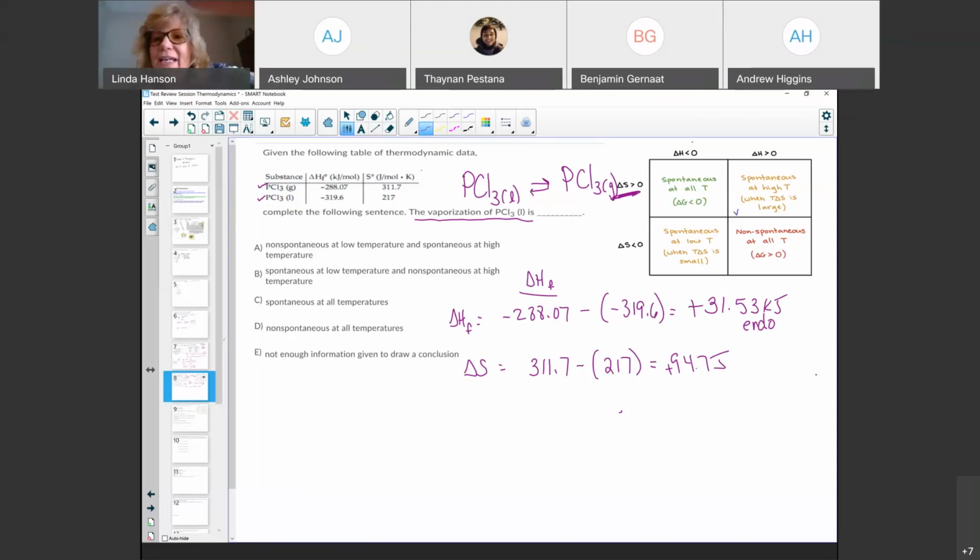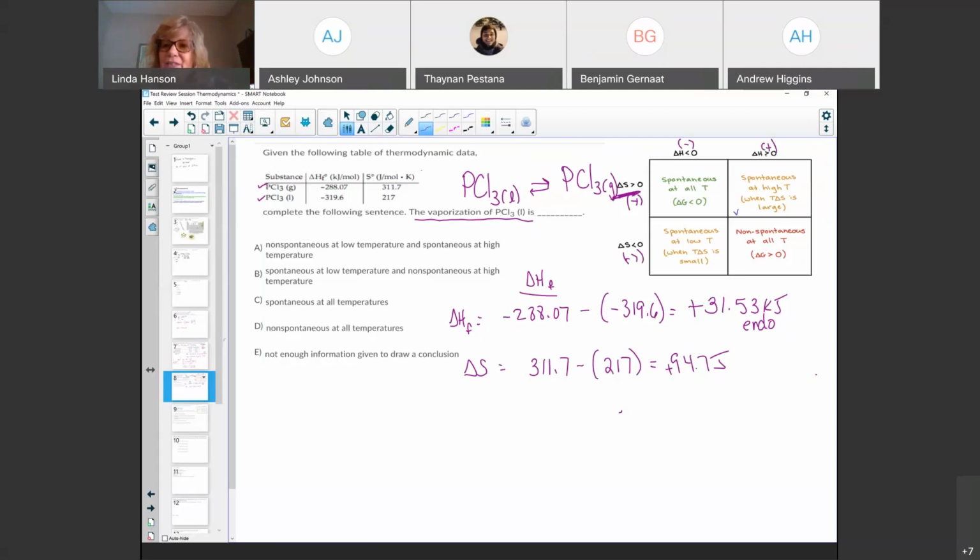So if delta H is negative, that's exothermic. If delta H is positive, that's endothermic. If entropy is increasing, that's a favorable process. But if entropy is becoming more ordered, that's an unfavorable process. To answer this question, you just figure out the sign on the delta H and the sign on the delta S and see where you land in this grid.